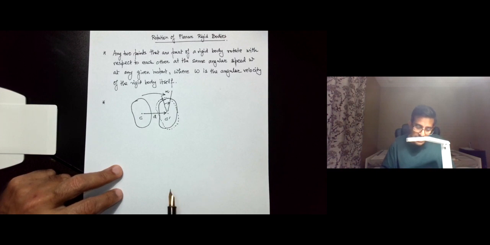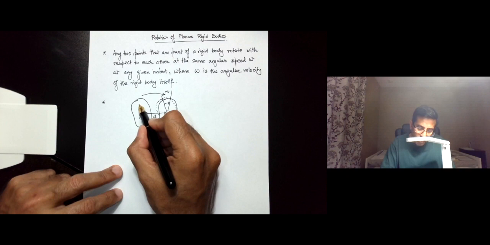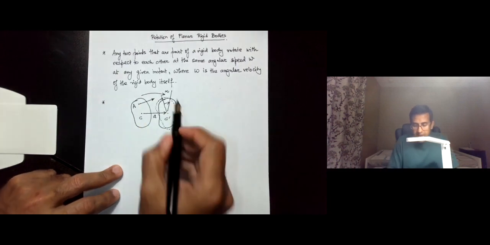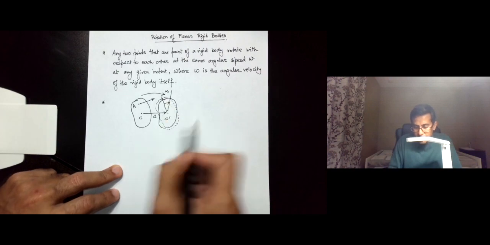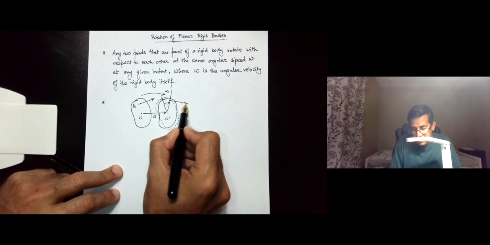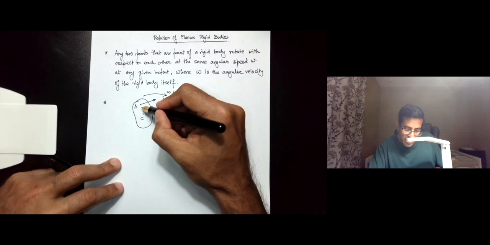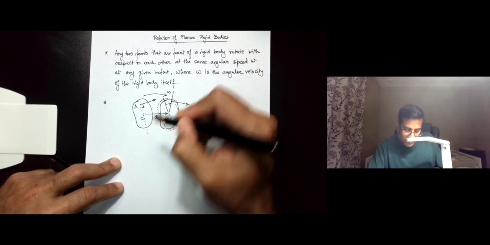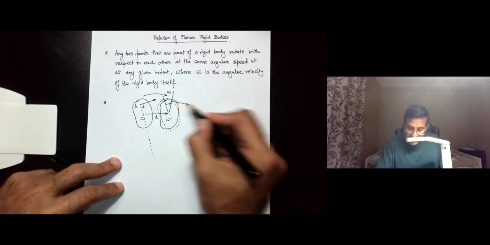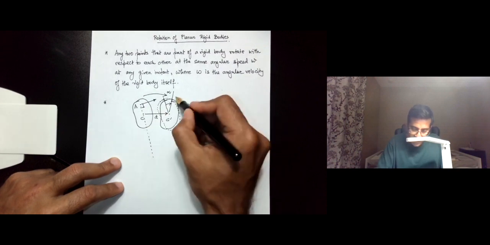Okay, and if I consider a point A, and let's say A had a velocity like this, and then in the rotated configuration, A prime is here and its velocity is like this, then I can extend a line that is perpendicular to the velocity of A, and similarly a line perpendicular to the velocity of A prime.